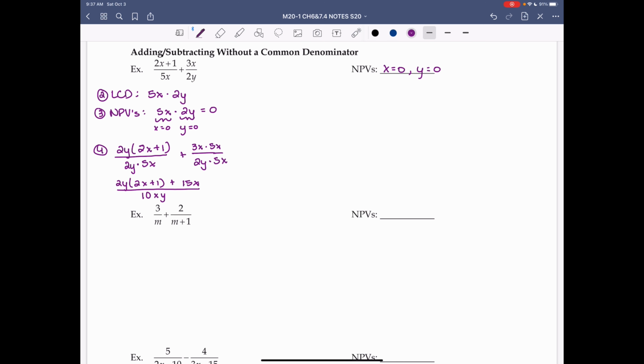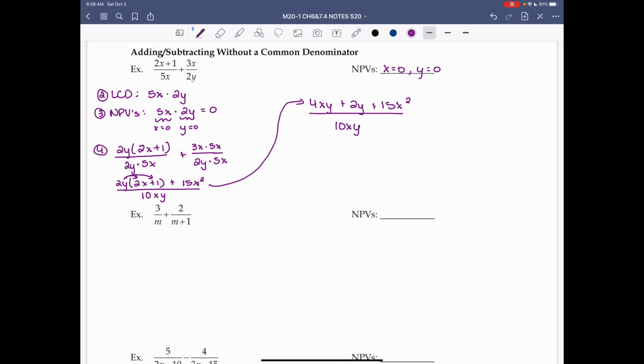And let's continue to simplify. 2y multiplied into our binomial is 4xy. 2y times 1 is 2y, plus 15, this should be x squared, over 10xy.